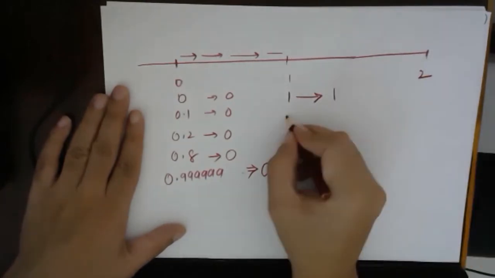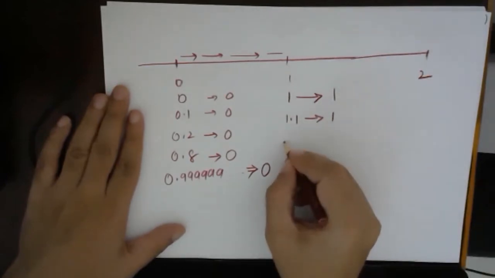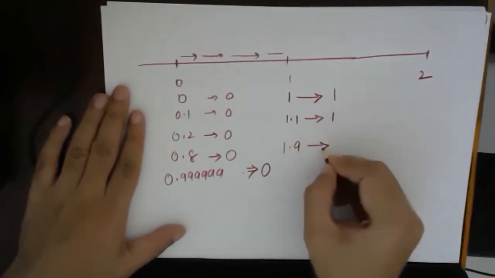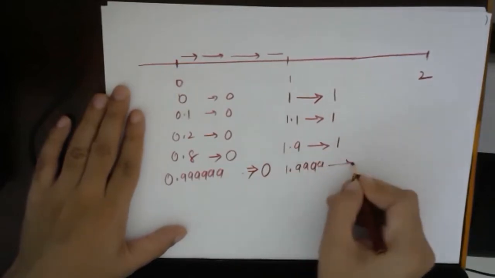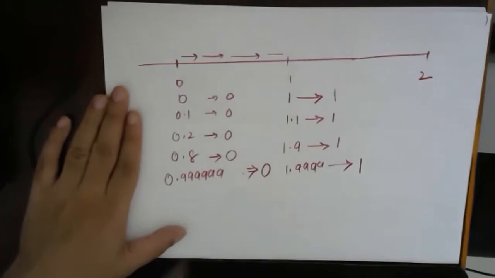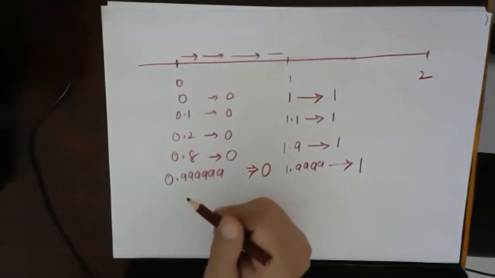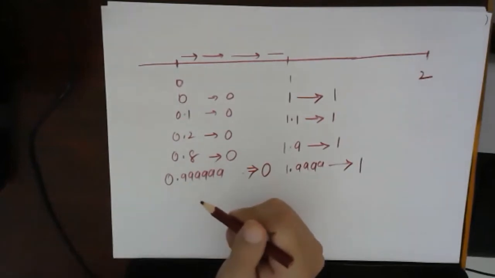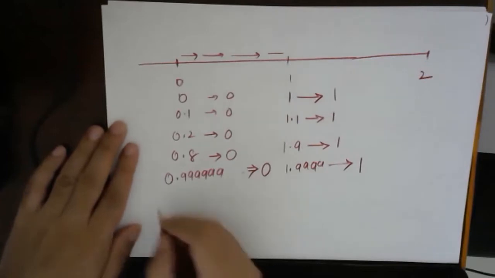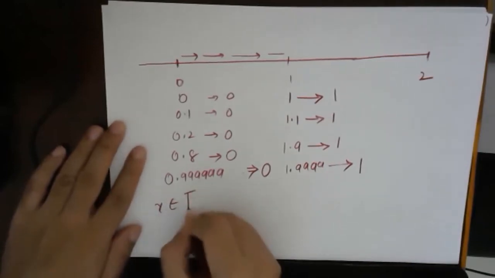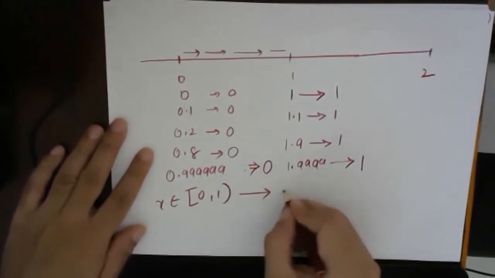Now, just after this, if I take 1, what will be the integral part? 1. If I take 1.1, the integral part is again 1. If I take 1.9, again 1. 1.9999, again the integral part is 1. That means, if I am talking about the integral part, it will give 0 as the integral part when x belongs to 0 to 1.